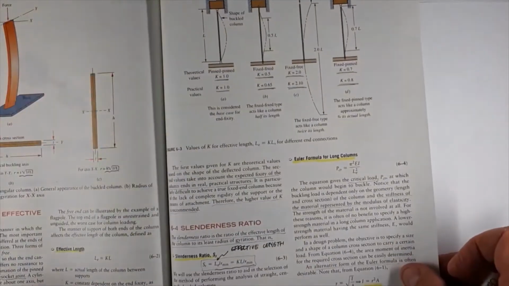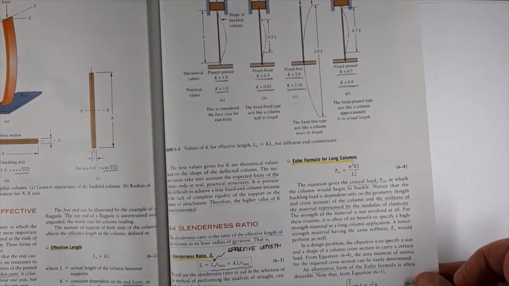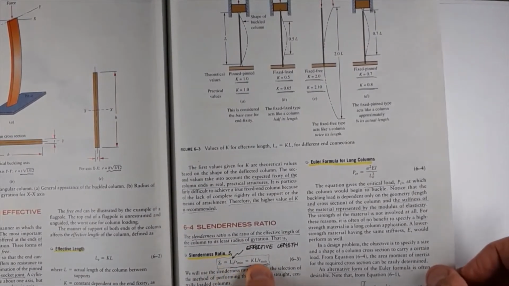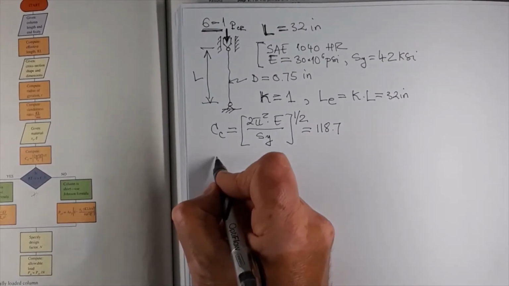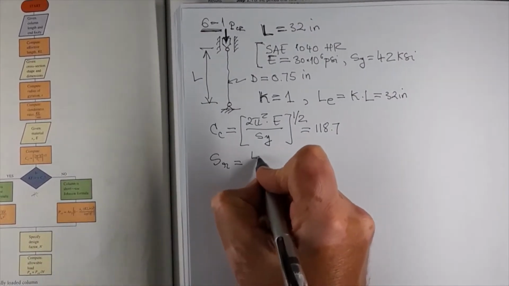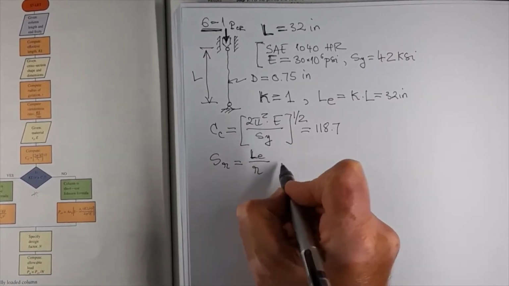It's SR. Effective length over minimum radius of gyration. So slenderness ratio is effective length over radius of gyration.